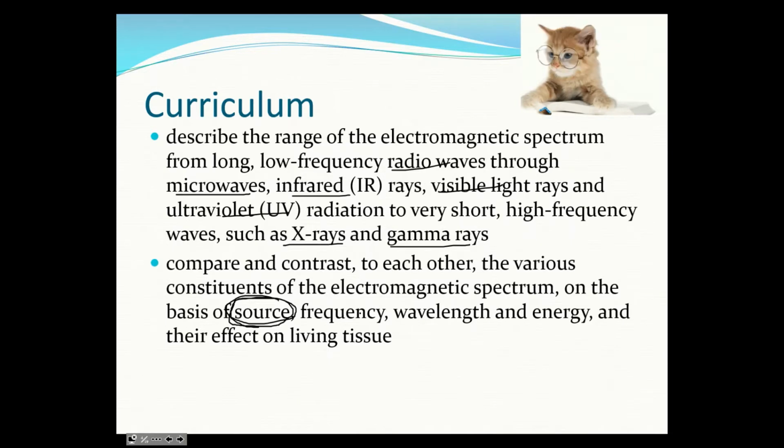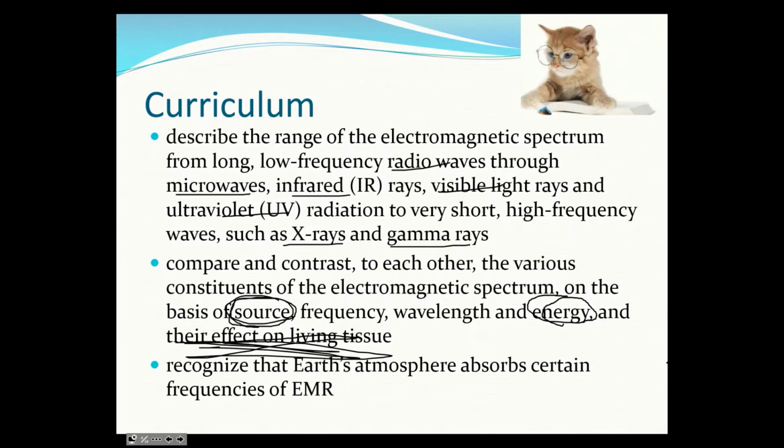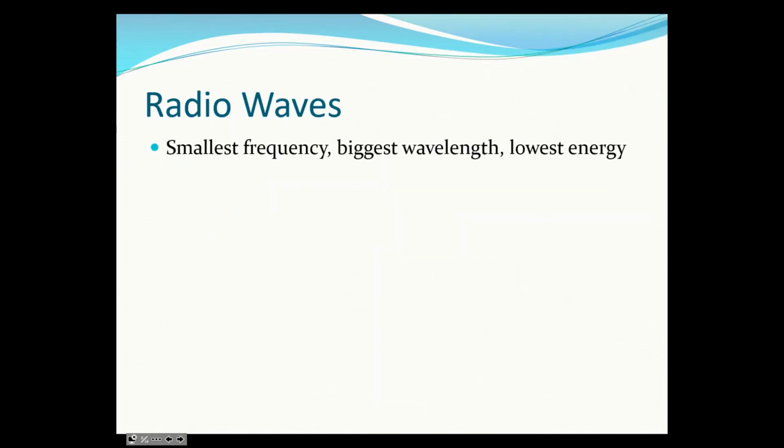So we talked about the wavelength, and we'll also talk about the energy today and their effect on living tissue. So we need to talk about that as well. And we also need to recognize that the Earth's atmosphere absorbs certain frequencies of EMR. So we're going to start with the smallest frequency, biggest wavelength, lowest energy. So this lesson is going to go from lowest energy to highest energy.